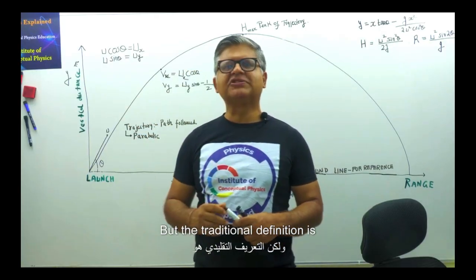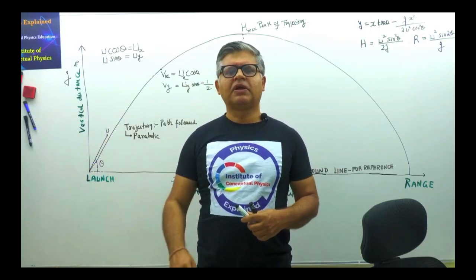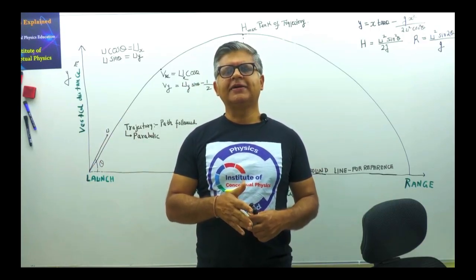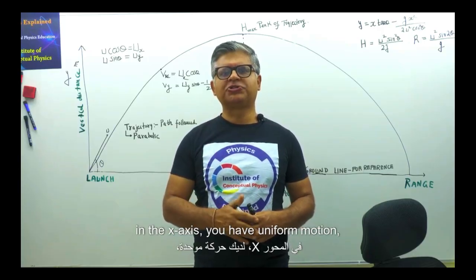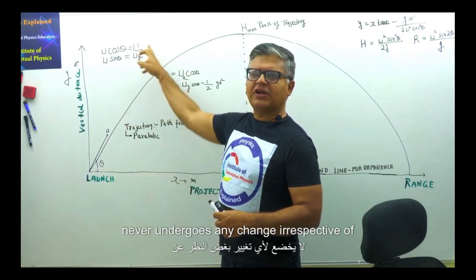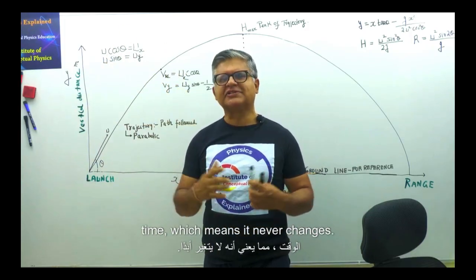But the traditional definition is, if you have a body which is launched in the y-axis, if you have gravity, and in the x-axis you have uniform motion, which means the x-axis velocity never undergoes any change irrespective of time, which means it never changes.